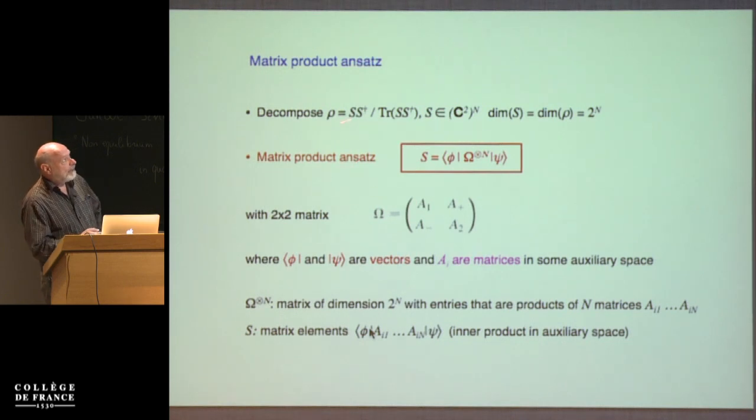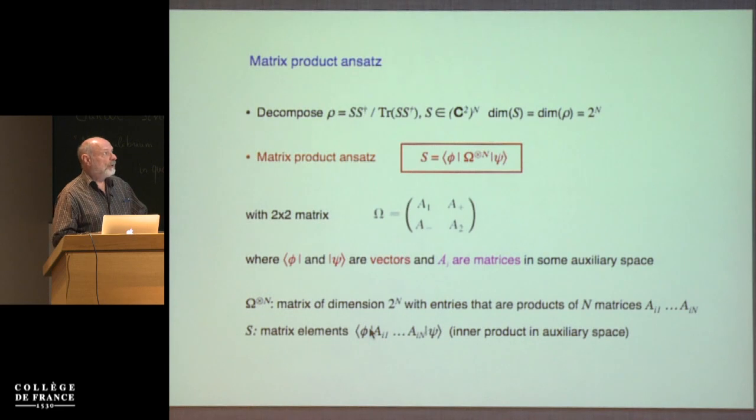So anyway, since it's Hermitian, I can decompose it in this way, so again into a matrix of this dimension. This decomposition alone doesn't take you very far. However, somehow it's simpler to make a matrix product ansatz not directly for this rho, but for this matrix S. Now, matrix product ansatz means that you take a matrix of dimension 2, raise it to a tensor power n.